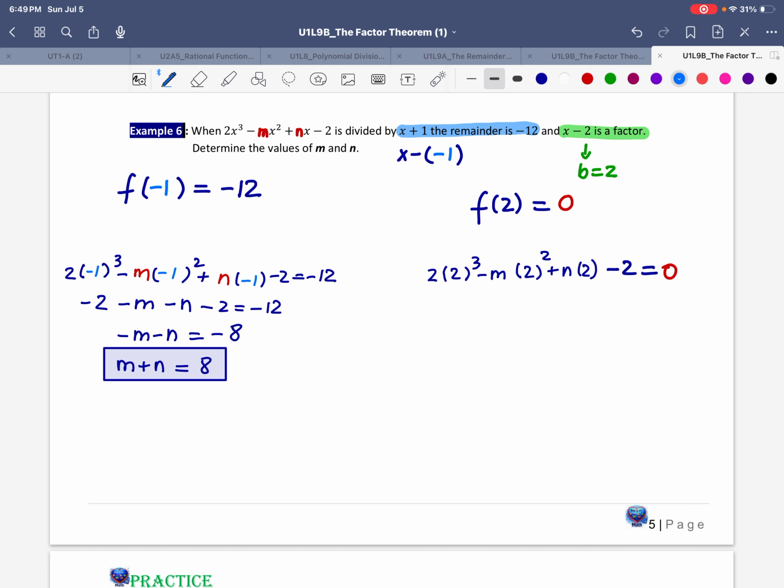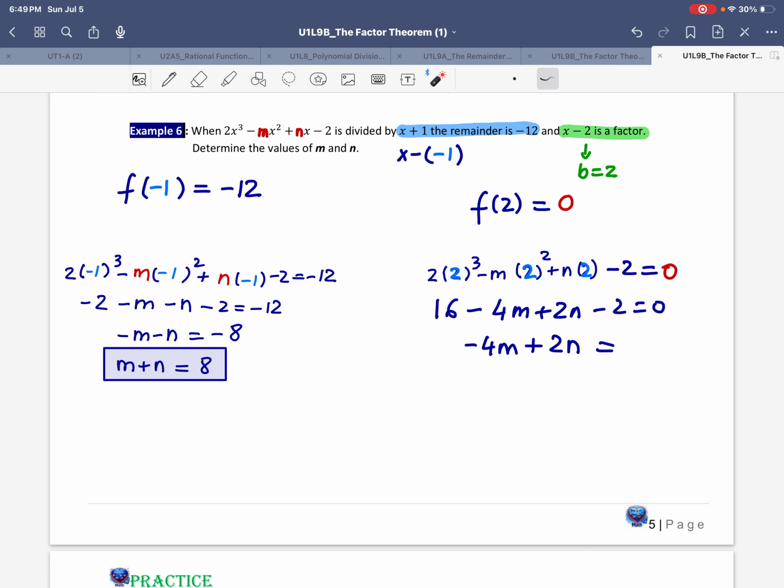So let's check and see. Simplify. We have 2 to the power 3 is 8 times 2, 16. Minus 4m plus 2n minus 2 equals 0. So negative 4m plus 2n equals, remember, 16 minus 2 is 14, to the other side, negative 14.